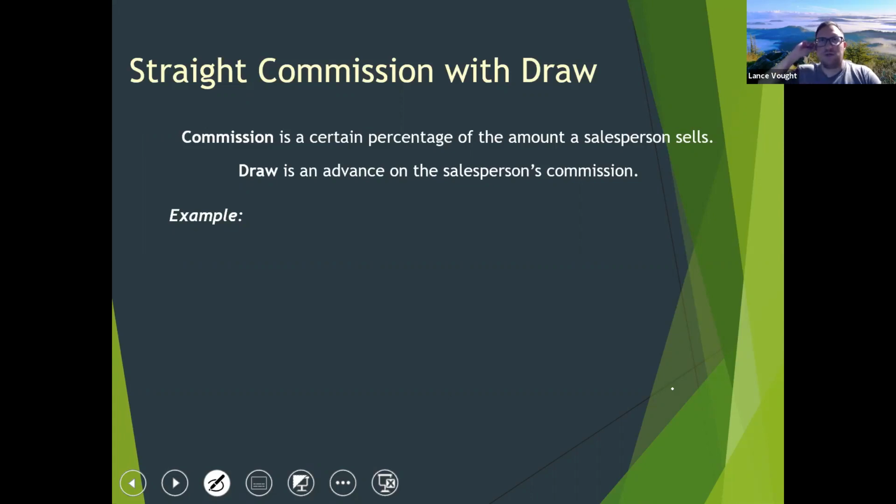So let's say you write a book and 20% of the sales go to you and 80% of the sales go to the publisher. Well, in order for you to survive and actually write the book, you need money. So you ask for an advance from the publisher. So the advance, maybe they pay you $100,000.